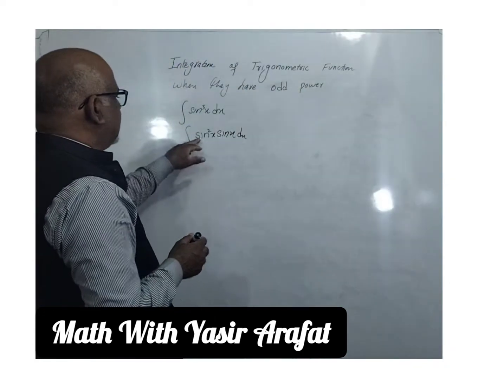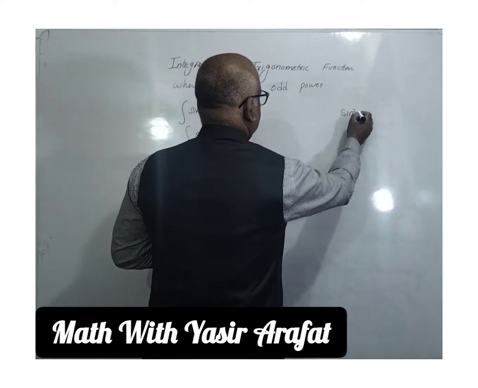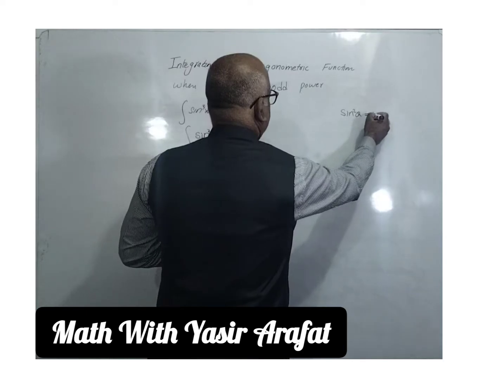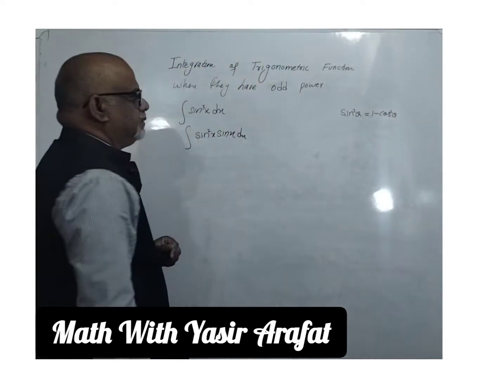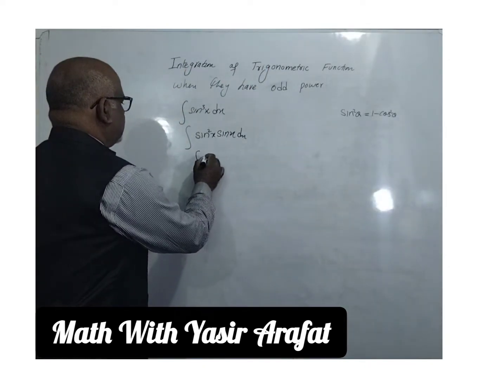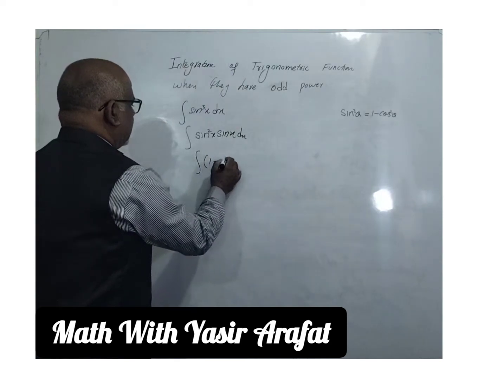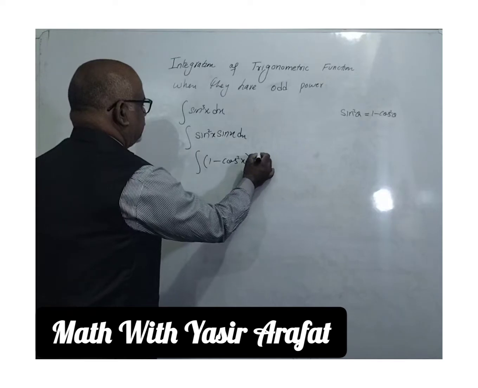Here, for sine square theta, we have the formula: sine square theta equals 1 minus cos square theta. So here sine square x we have to change to its relative formula, that is 1 minus cos square x, into sine x.